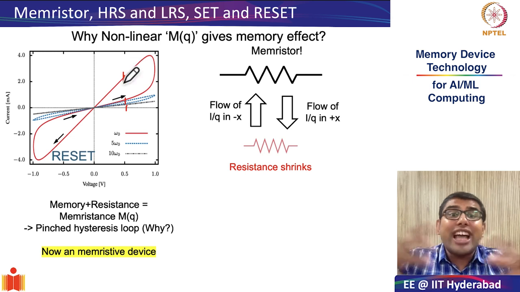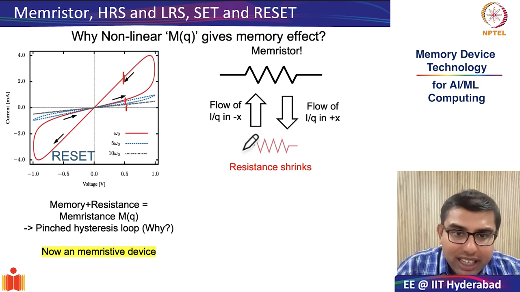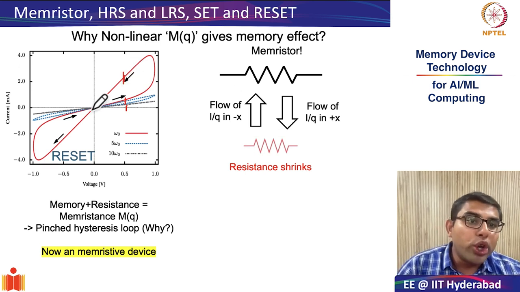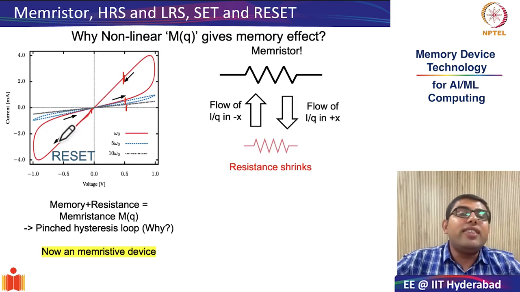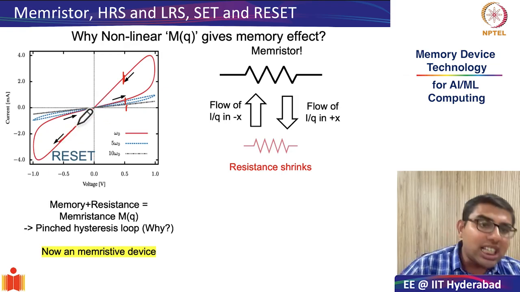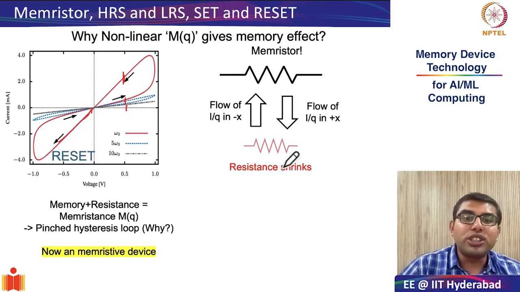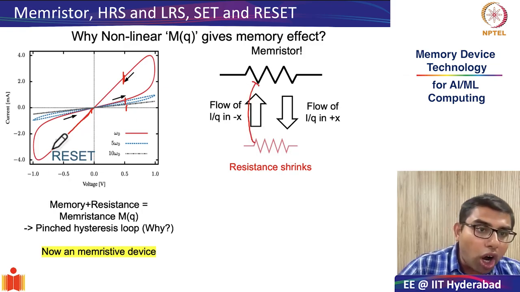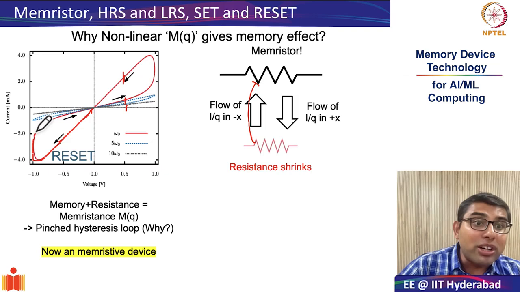Now you are in an expanded pipe or shrunk resistance state. So what do you do? You flow current in the opposite direction. And as you flow current in the opposite direction, you see dynamically that the resistance of the memristor is increasing. How do you know that?